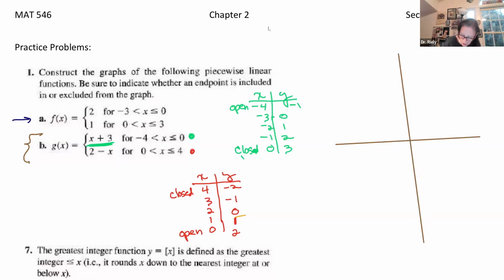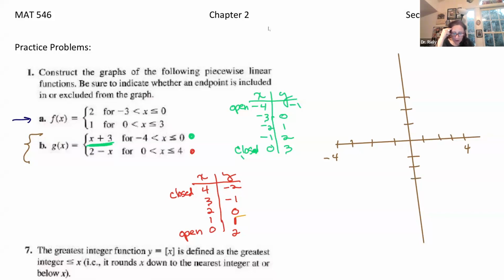So this is 1, 2, 3, 4. So this is -4, and then 1, 2, 3, 4. That takes care of all of my x's. And then looking at my y's, my high is 3. 1, 2, 3. And my low looks to be -2. So only plot what you need to plot.